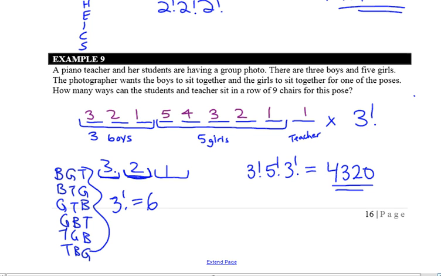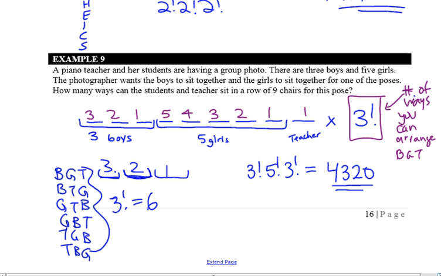So don't forget to multiply by the number of ways you can arrange boy, girl, teacher. Right? Because all we know is that we want the girls together, boys together, and the teacher together. Well, only one teacher.